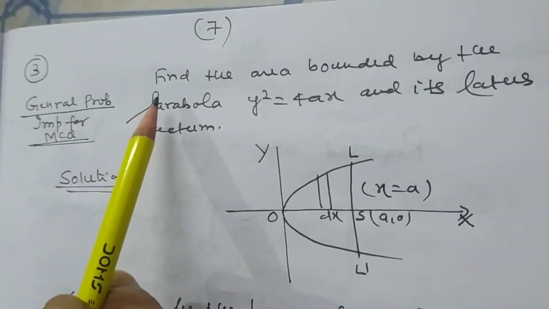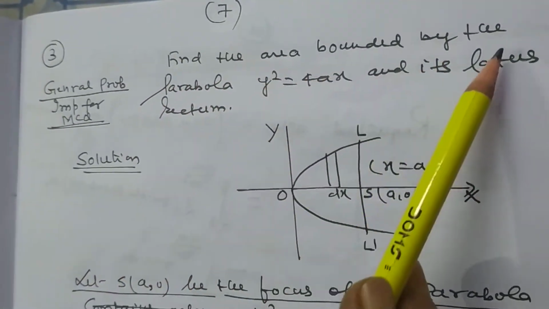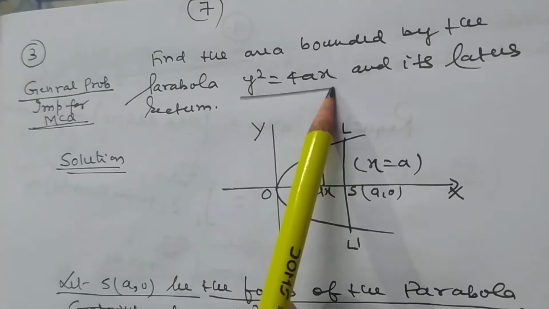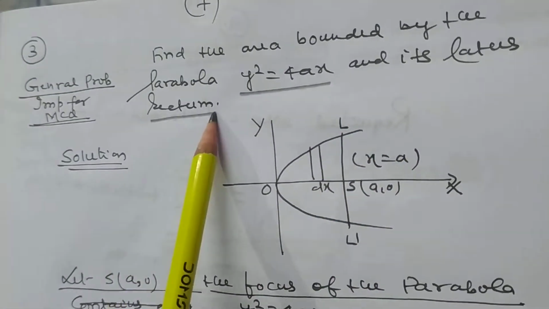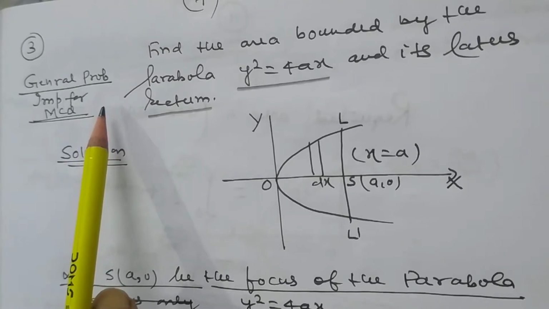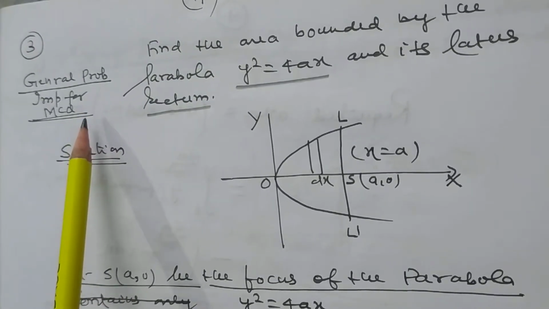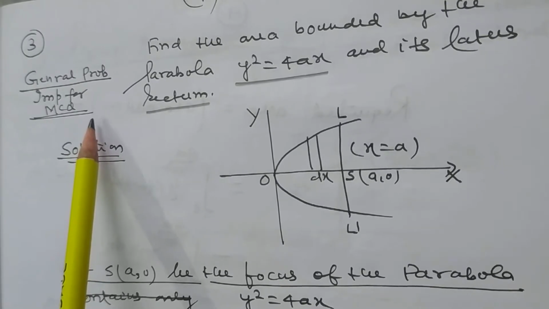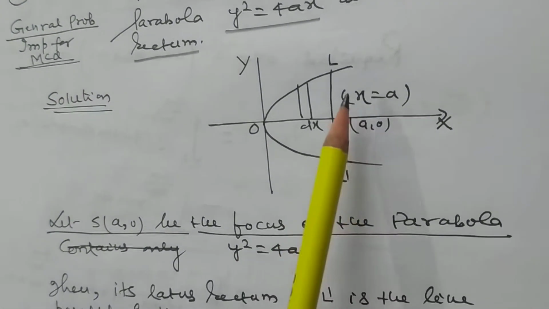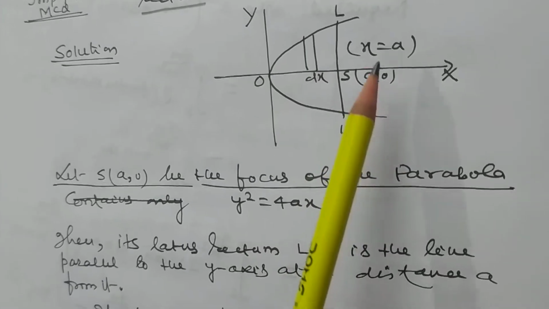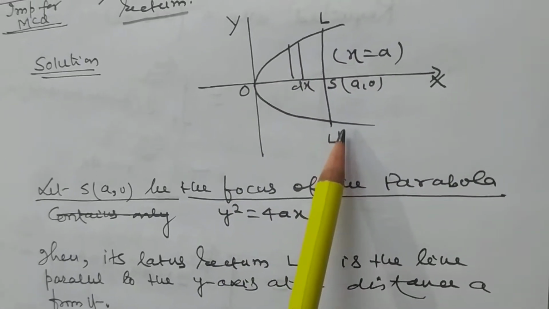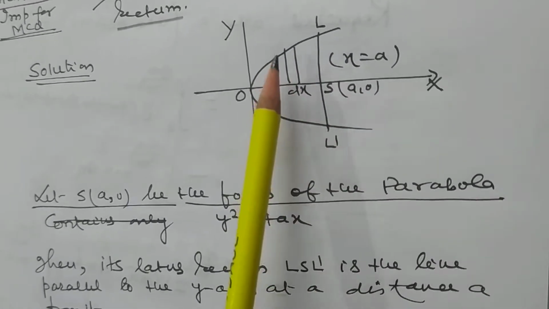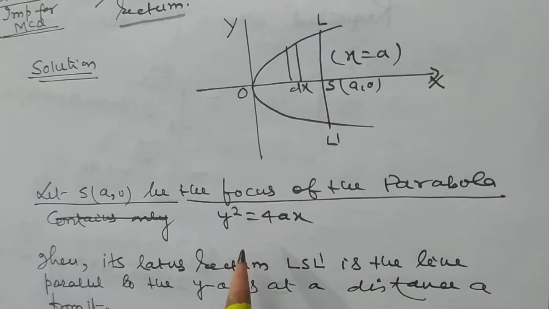Now my dear student, find the area bounded by the parabola y square is equal to 4x and its latus rectum. So it is also a general problem, and it is also very, very important for the purpose of examination for multiple choice questions also. My dear student, this is the general form of the parabola y square is equal to 4ax, which is symmetrical about the x-axis.